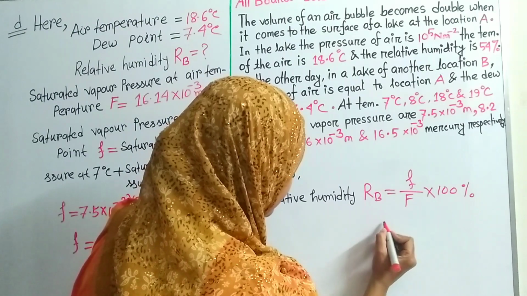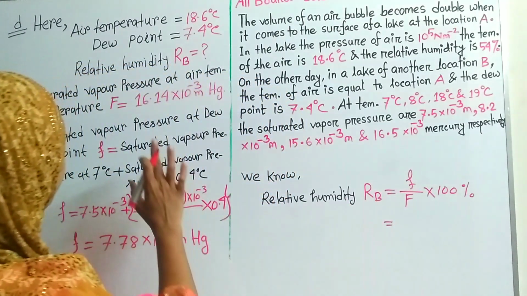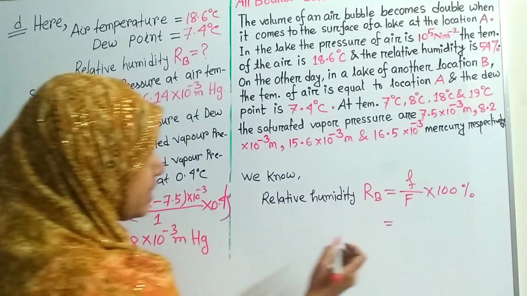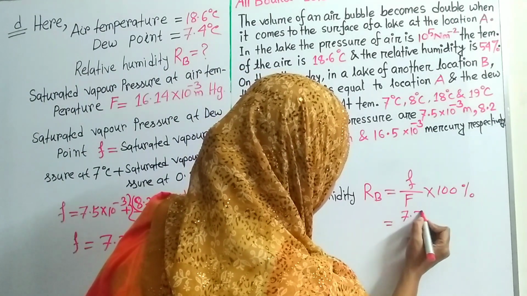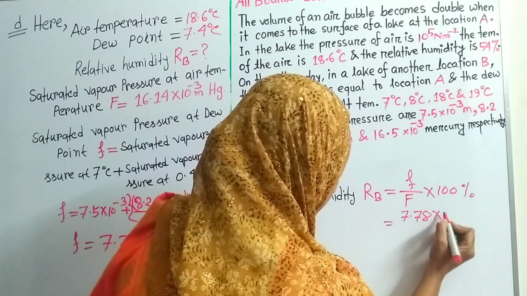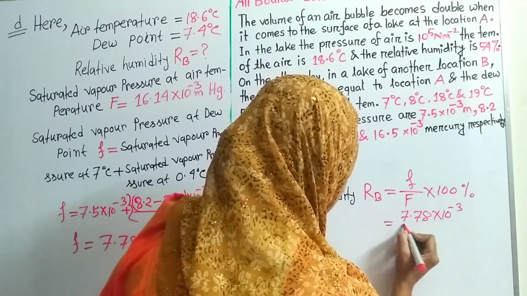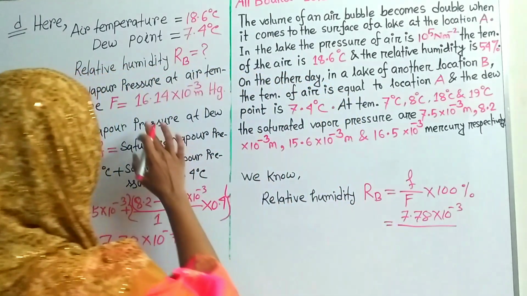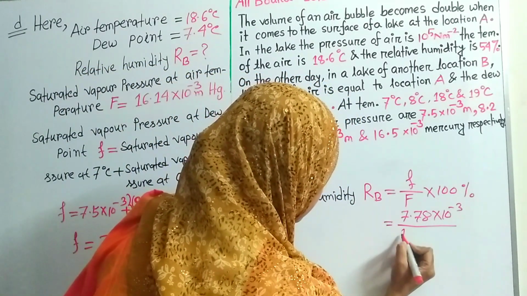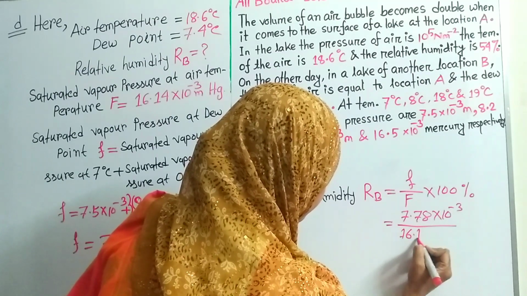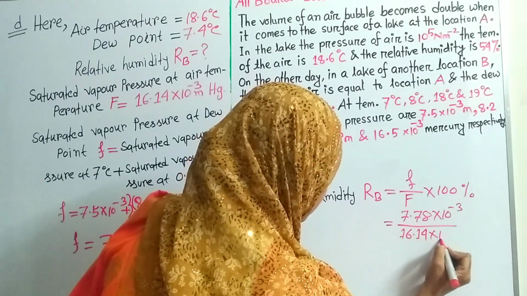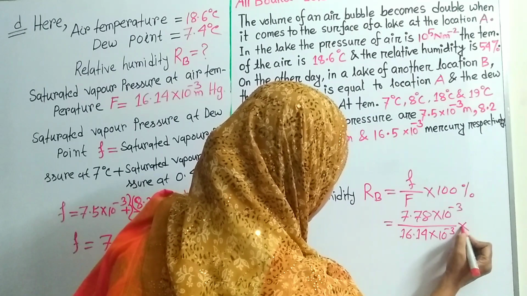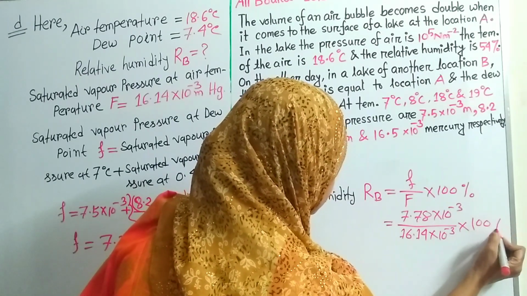The value of small f is 7.78 into 10 inverse 3, divided by capital F, 16.14 into 10 inverse 3, multiplied by 100%.